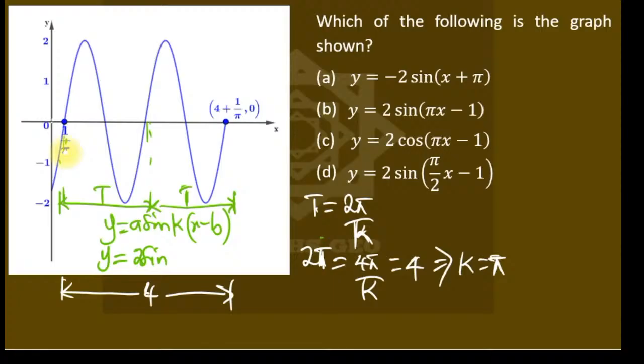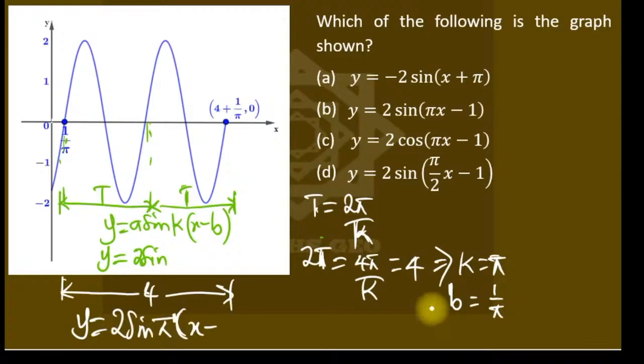So our b from here, b is 1 over pi. So let's now write, therefore the graph is now y equal to 2 sine, k is pi, x minus b, which is 1 over pi.